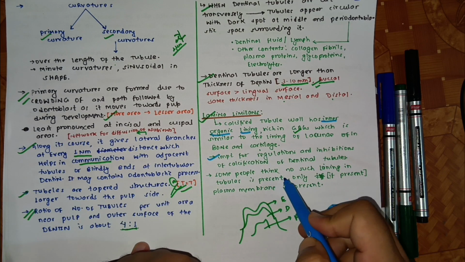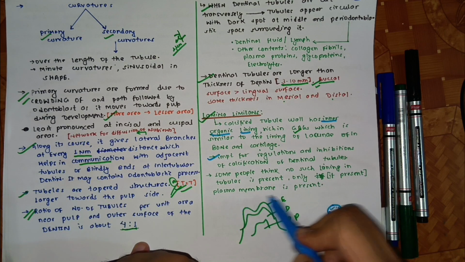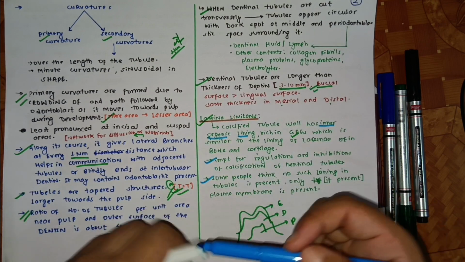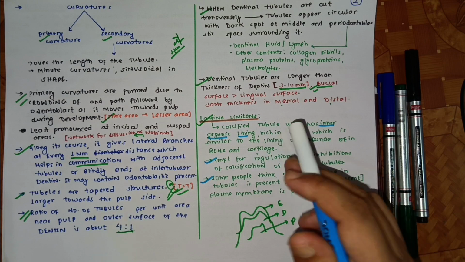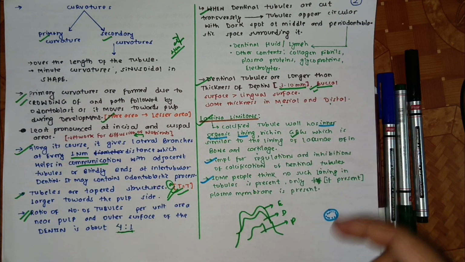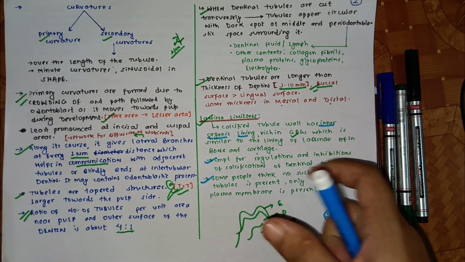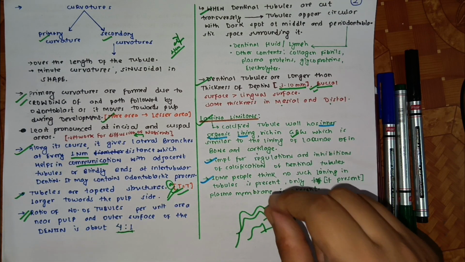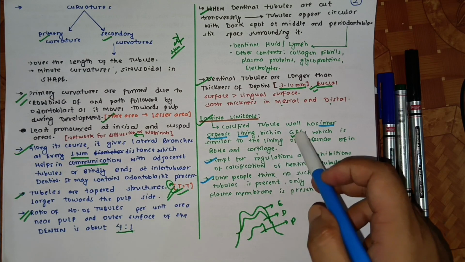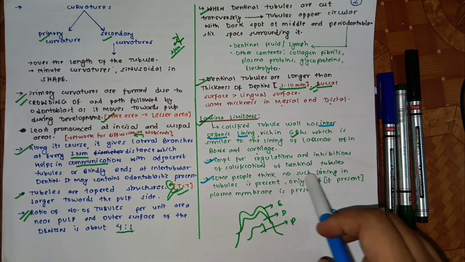Some people think no such lining is present in the tubule, and that if anything is present, it is only a plasma membrane. What you should remember is that the lamina limitans is an organic lining on the inner surface of the calcified tubule wall, rich in glycosaminoglycans, and important for regulating and inhibiting calcification of the dentinal tubule.